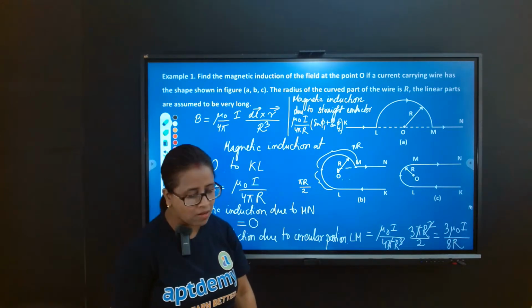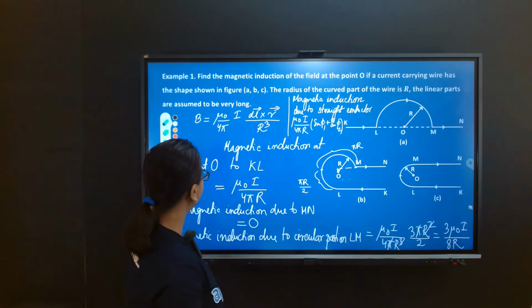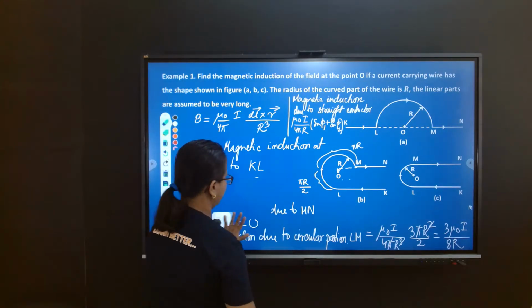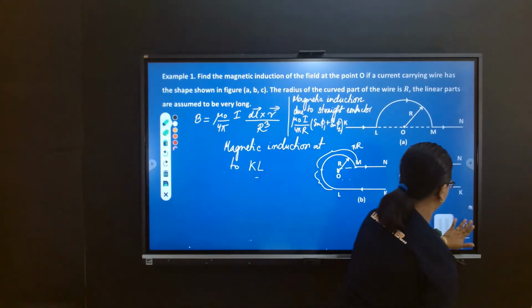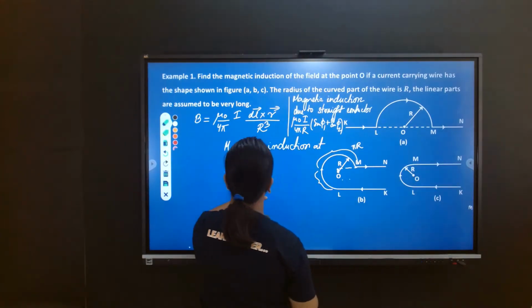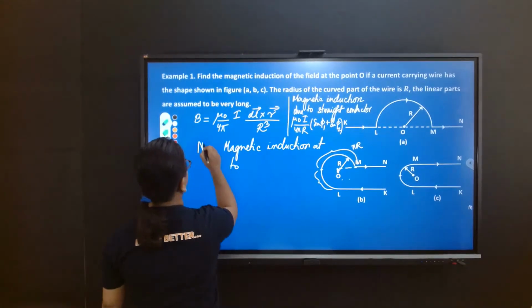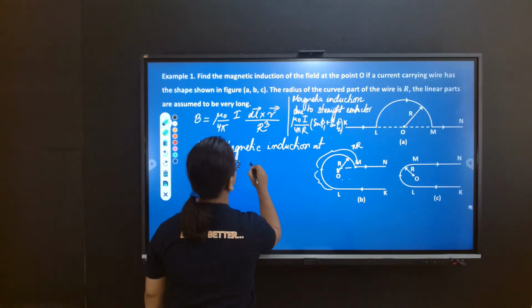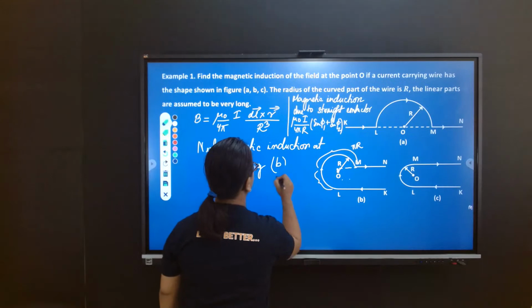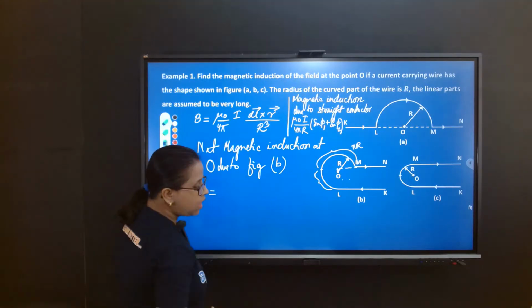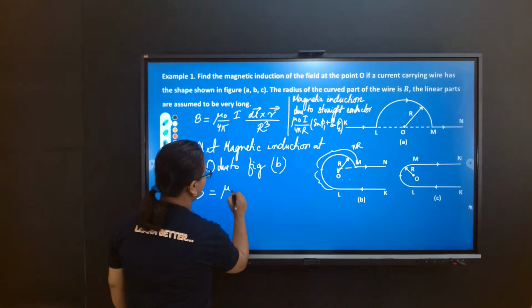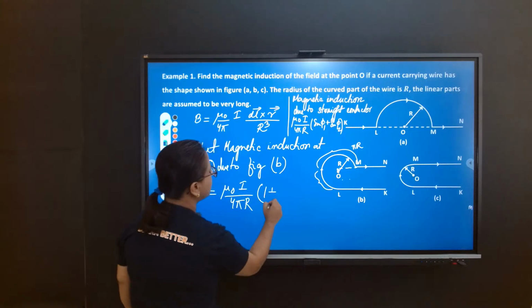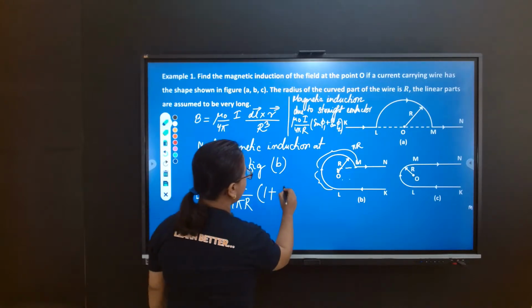At the end, we may write the net magnetic induction at O due to figure B as B equals mu naught I by 4 pi r times (1 plus 3 pi by 2).